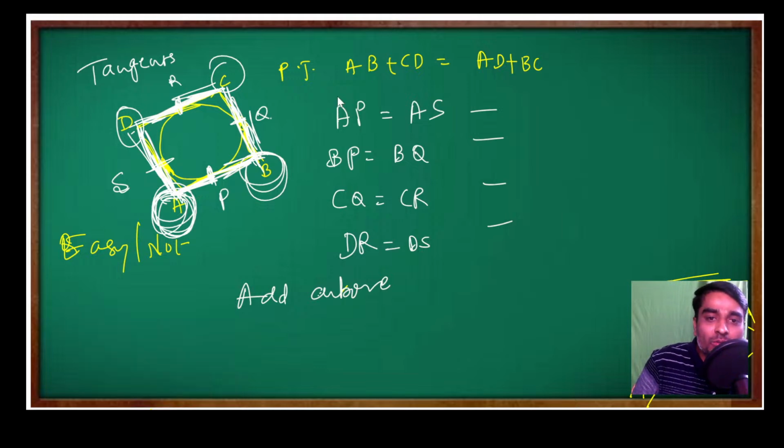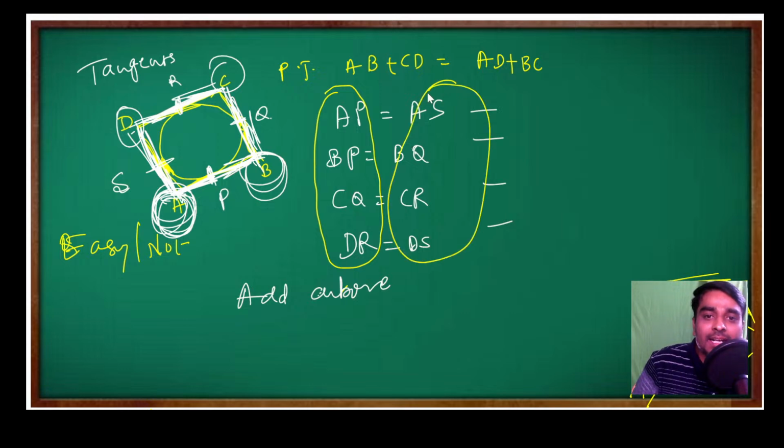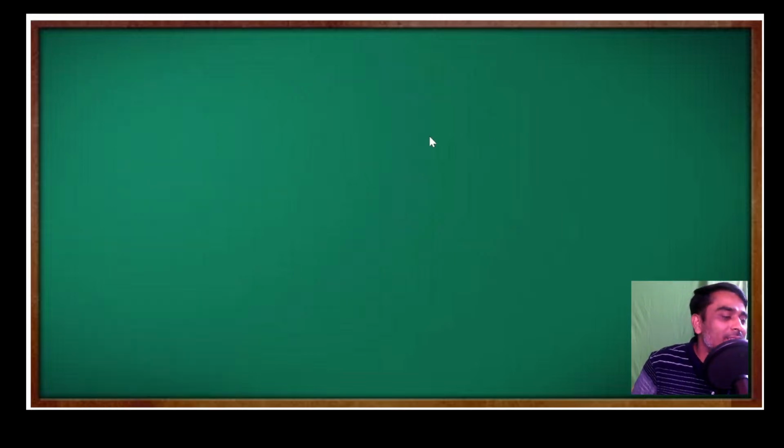You should add the left side with the left side, the right side with the right side, and keep the equal sign between. Sir, it's easy only. Okay, then we'll take the next one. This is a very easy question.